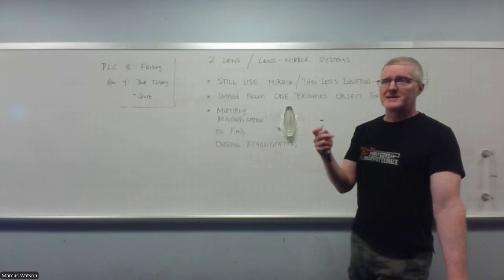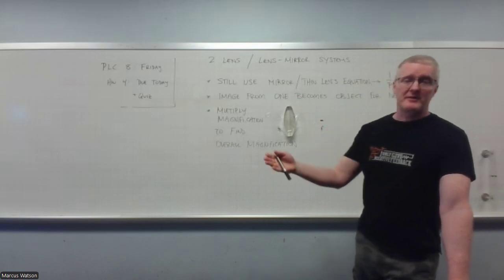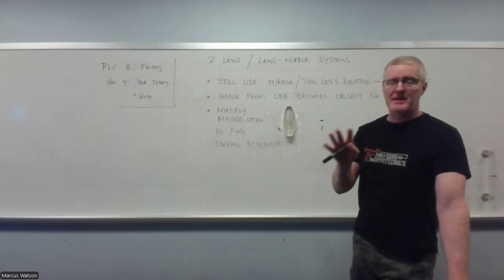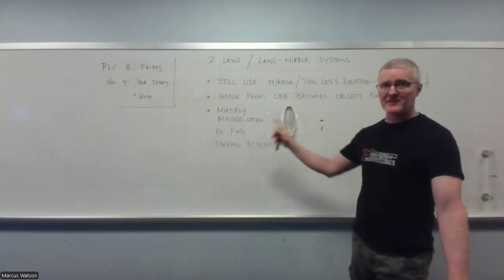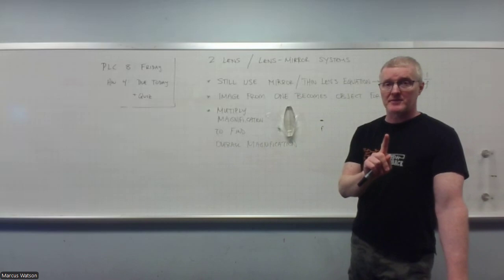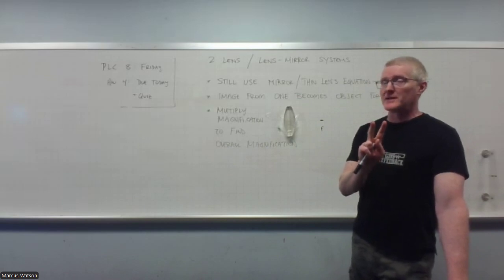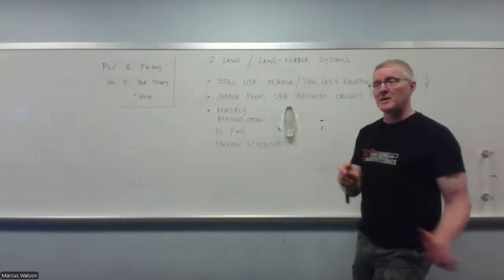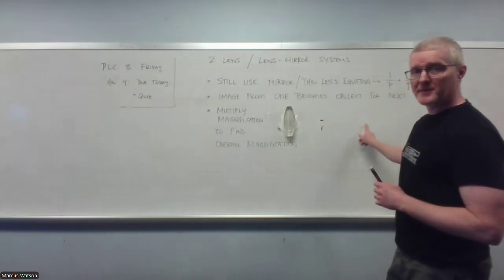If the object is outside the focal point of this lens, you should know, number one, it's a real image that's going to be formed. Number two, that image should be inverted. And number three, it should appear on this side.